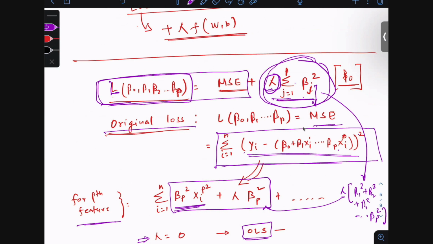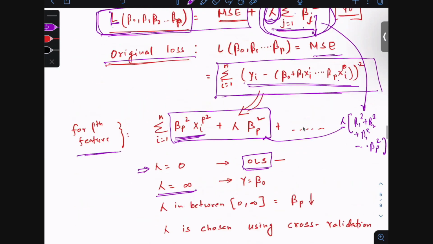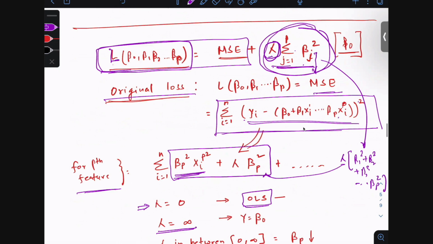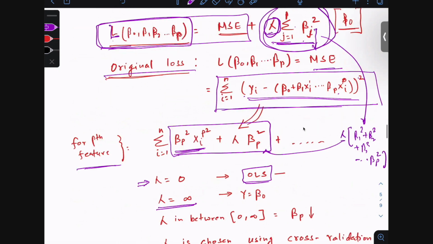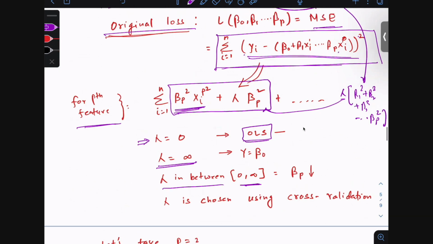So the point I'm trying to make, the higher lambda will go, the lower beta will start moving. They will go in the opposite direction. Suppose lambda is between 0 to infinity. What will happen? Let's say lambda is 0. This becomes only OLS, a standard linear regression. Lambda becomes 1. It will try to put some penalty on this, right?